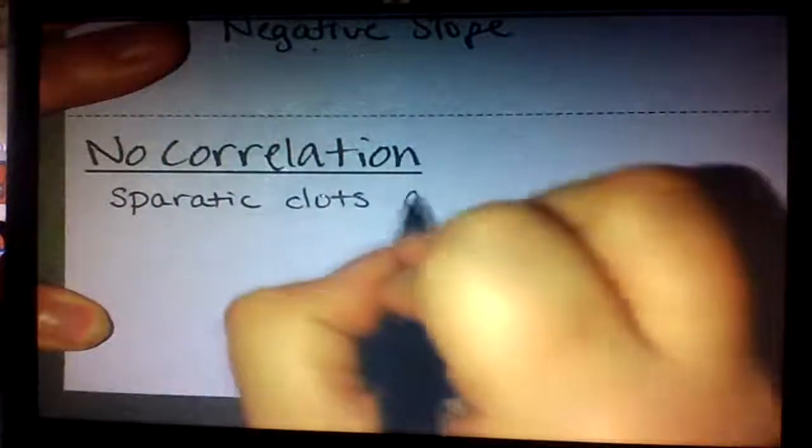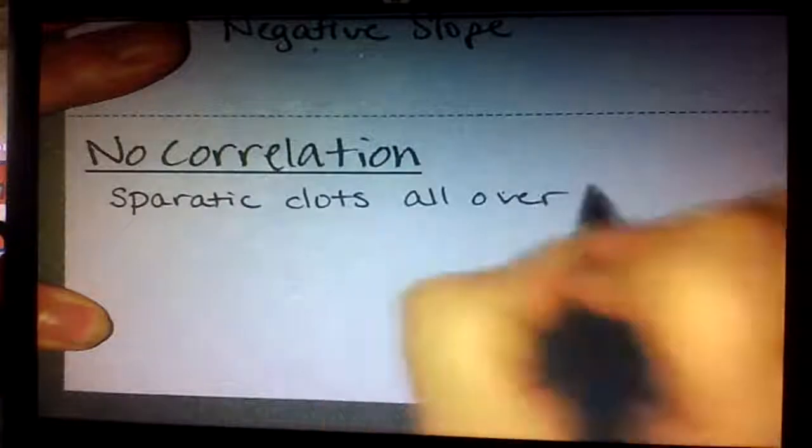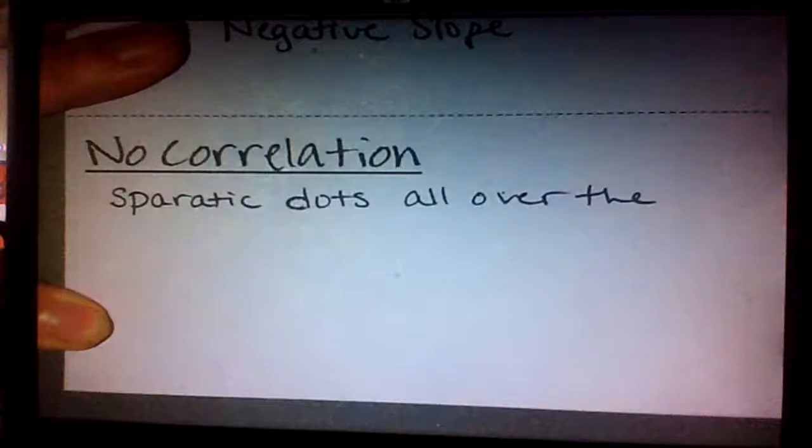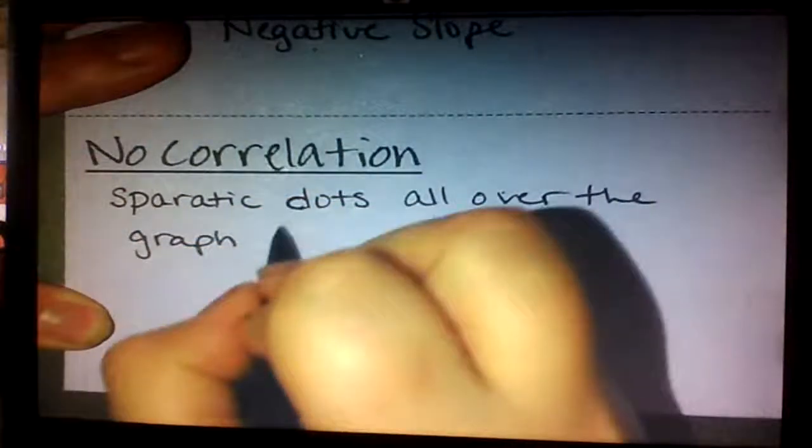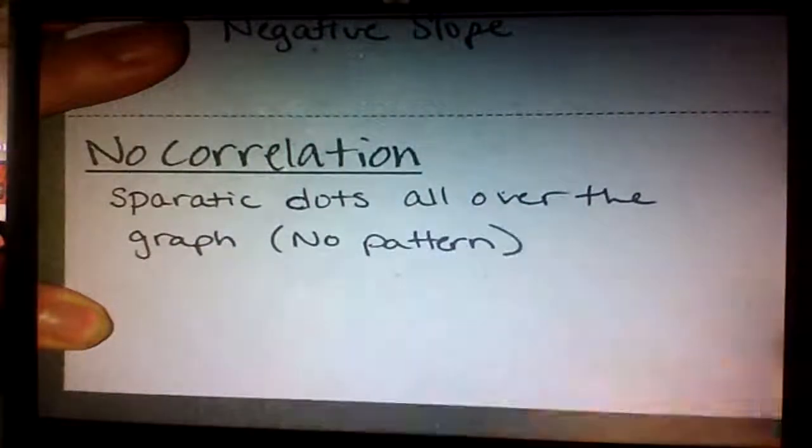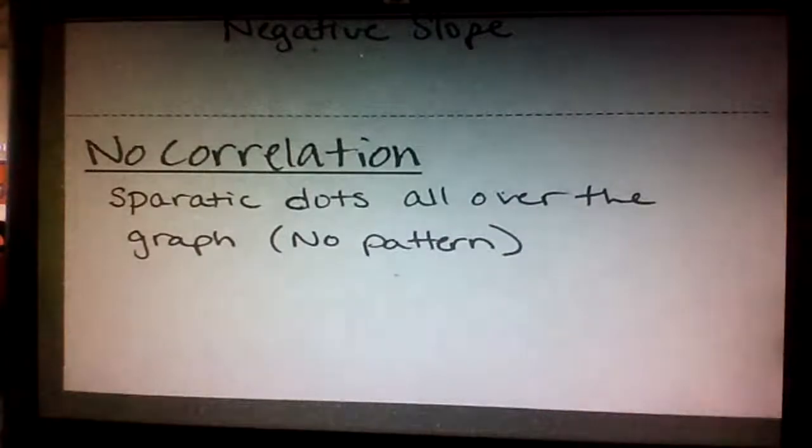Sporadic dots all over the graph. There, better? So, in other words, no pattern. Okay? It's just kind of scatterbrained. No pattern.